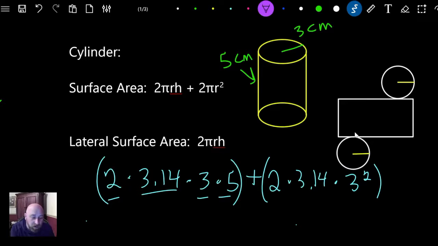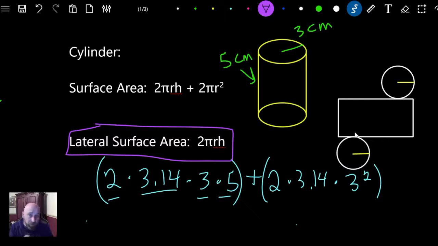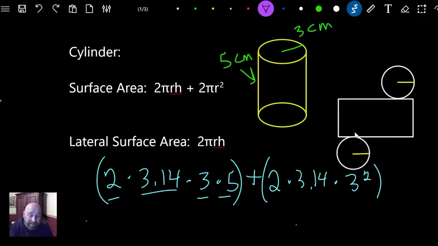Now let's talk about the lateral surface area. Remember what that is from last lesson. That's the surface area without the top and the bottom. So we've got to get rid of these two circles. This is why it's important for you to understand the concept of the nets and what this formula is actually doing.